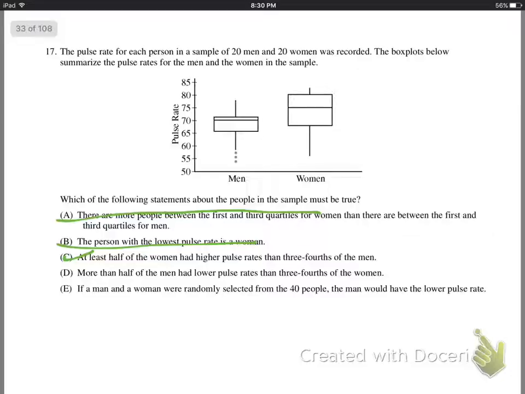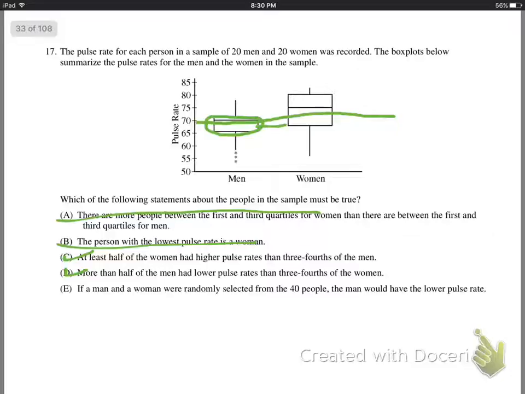More than half of the men had a lower pulse rate. Okay, so here's the upper 50%. And half of them are right here, too. And that is lower than, so it could be D.